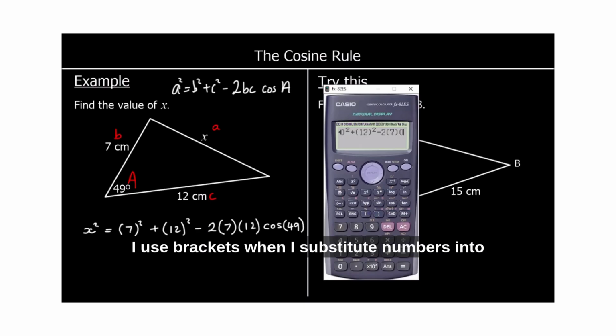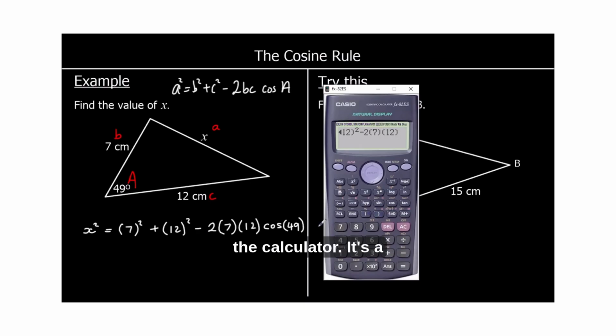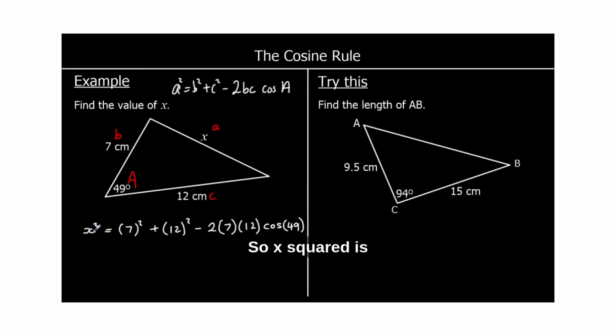I use brackets when I substitute numbers into the calculator. It's a good habit to be in, because when you have negative numbers, your calculator doesn't make a mistake. So I've typed that whole side into the calculator and I've got 82.78 and so on. So x squared is equal to 82.78 and so on.